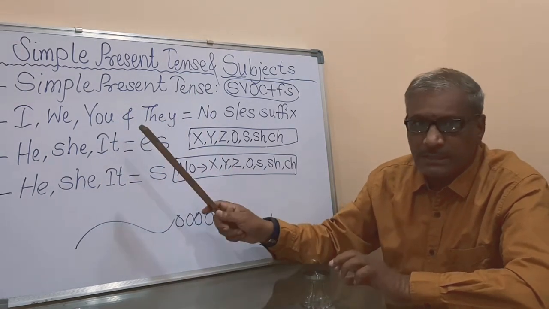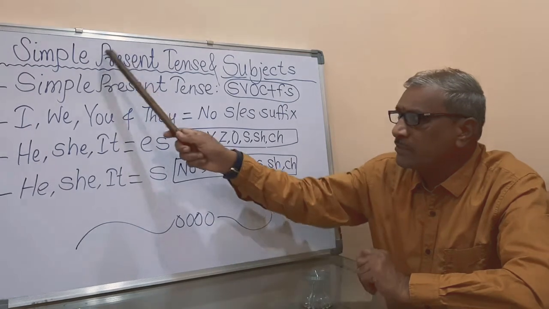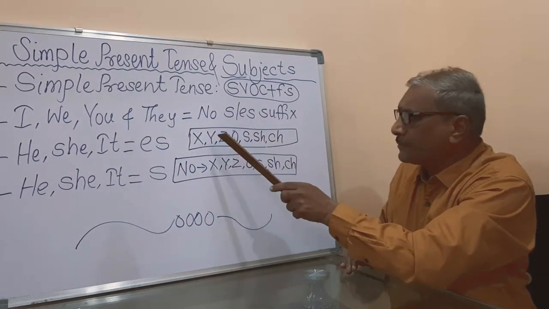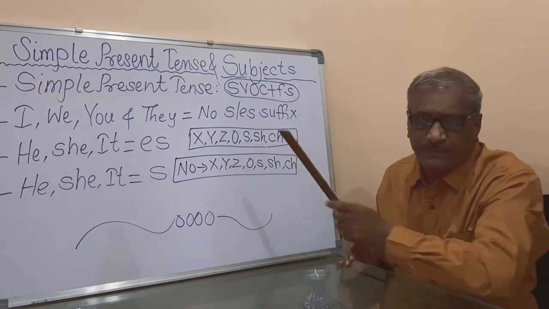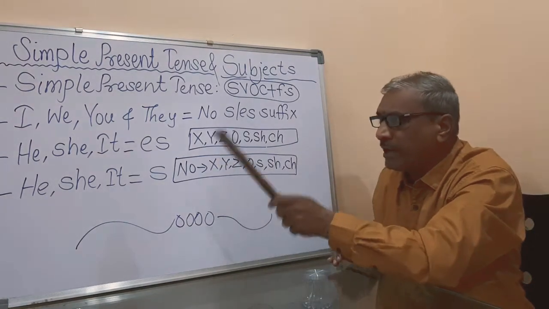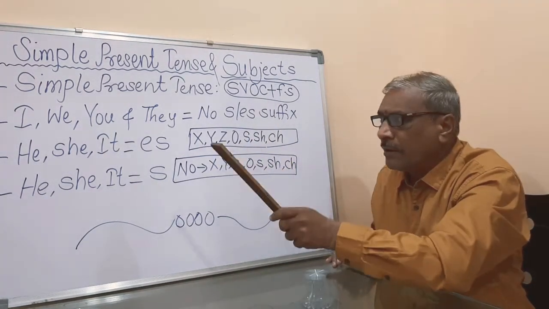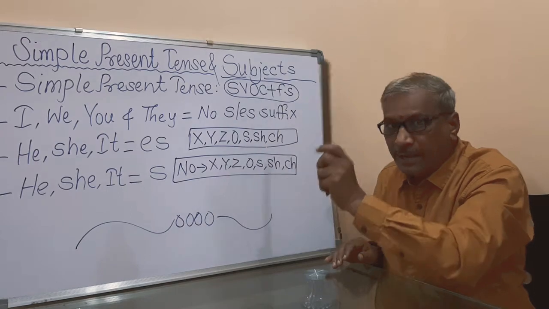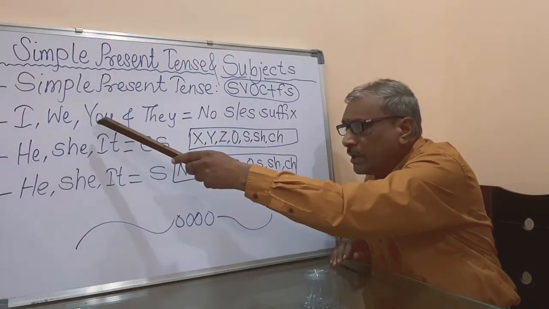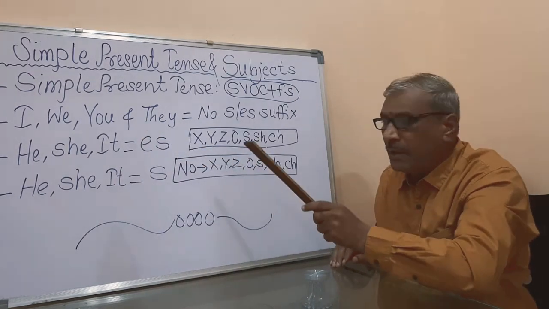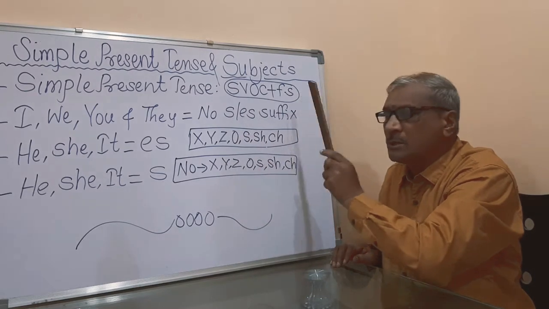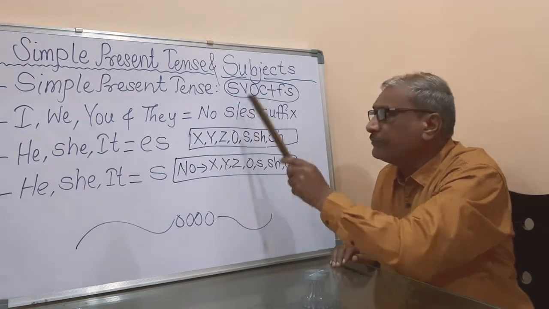When we discuss these subjects in the simple present tense, then we do not use the s or es suffix. What is the point? The point is that when we are talking in the simple present tense, and the subjects are I, we, you and they, then we do not use the s or es suffix on the main verb of this tense.